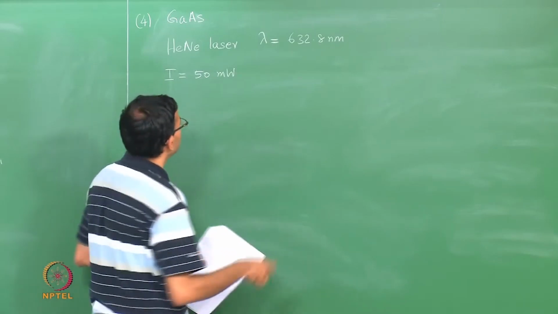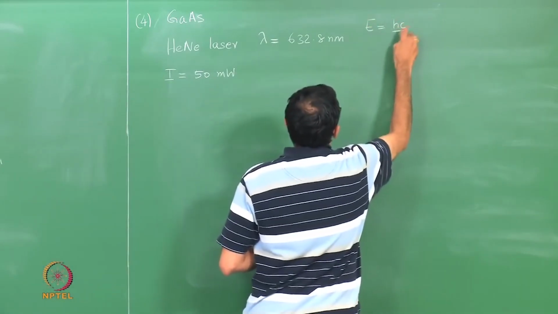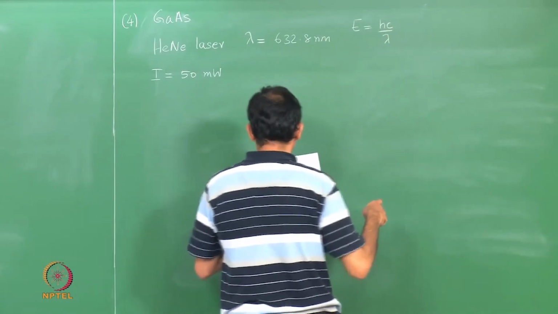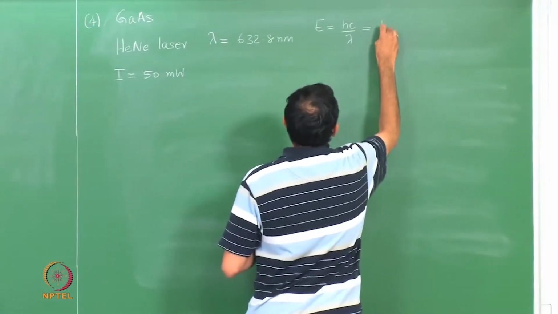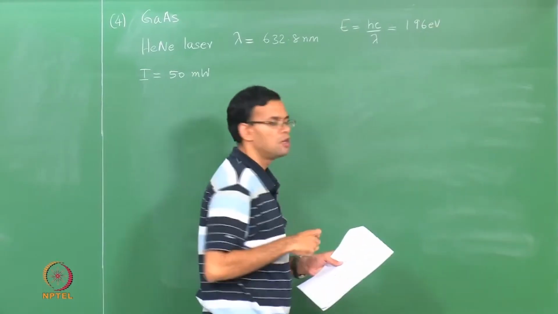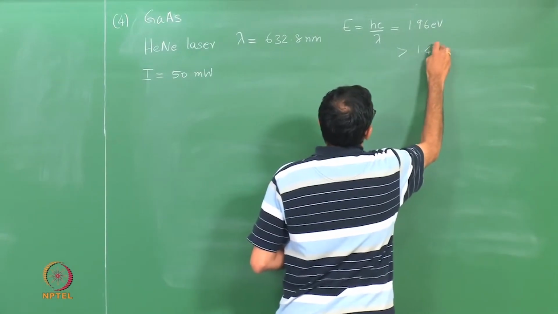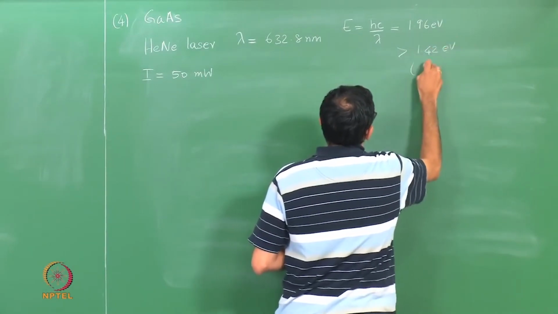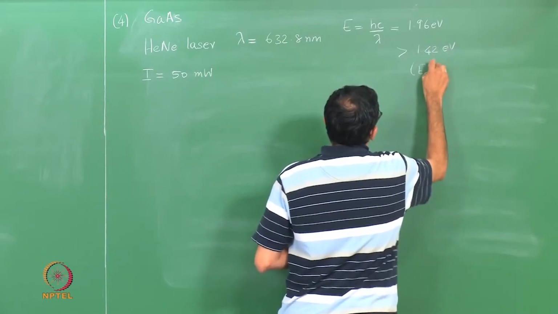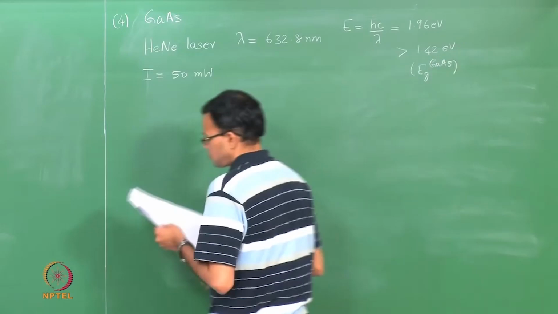So, once again we can calculate the energy E equal to hc over lambda is 1.96 electron volts. So, this is greater than Eg of gallium arsenide, which is 1.42 electron volts.